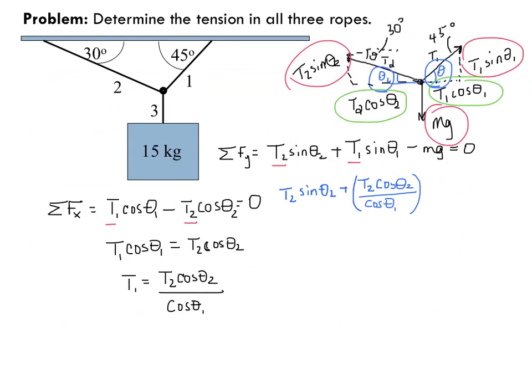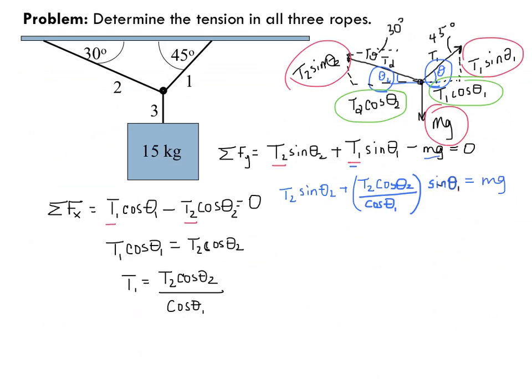So all of that got substituted in for T1. Now I'm going to go back and put sine theta 1. And because I know that I'm going to try to solve for T2, I'm going to go ahead and move mg to the other side now. So it becomes a positive mass times gravity.